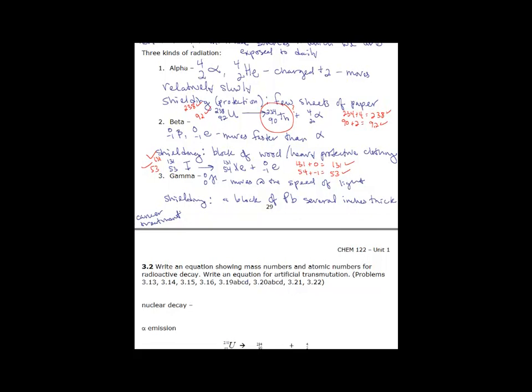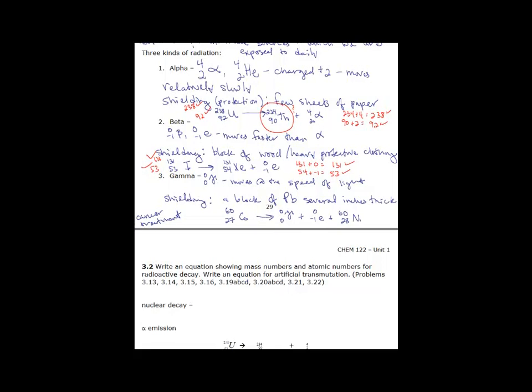So an example of gamma decay: cobalt-60, which is often used in cancer treatments, decays and gives off a gamma particle, a beta particle, and then you have 60, 28 nickel.